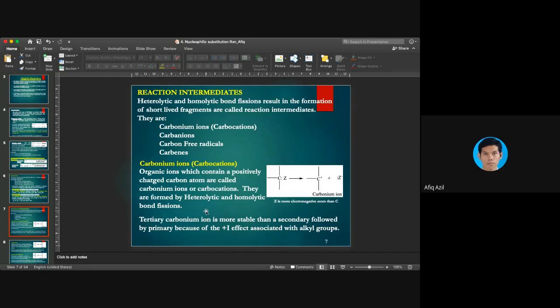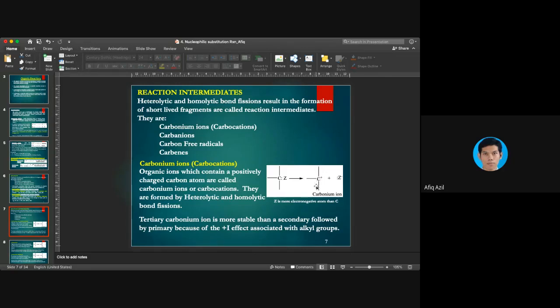The stability of the carbocation ion is arranged so that tertiary is more stable compared to secondary, and the least stable one is the primary carbocation ion. There is no quaternary. Why is there no quaternary?